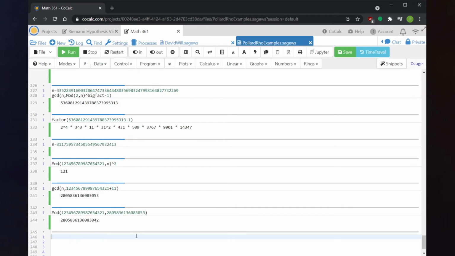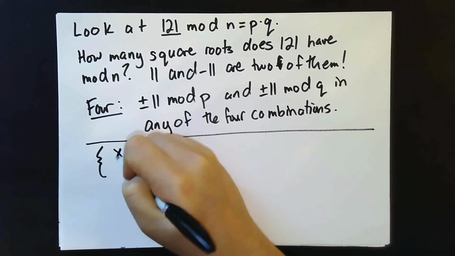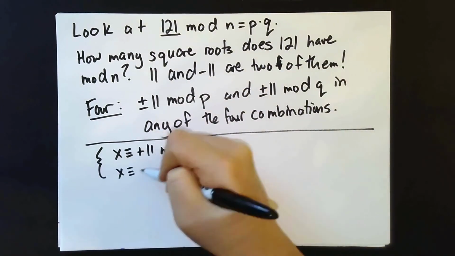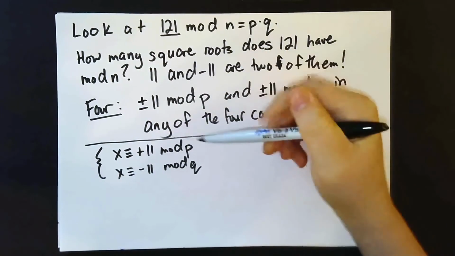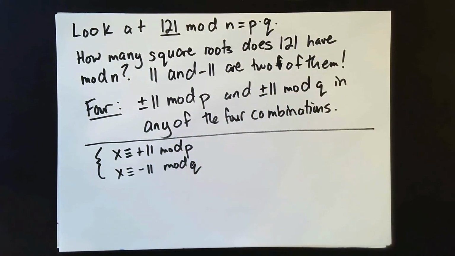And if instead we look at our x mod the other prime factor, then lo and behold, we get plus 11. So what happened before was that we had an x that was plus 11 mod p and minus 11 mod q. I'm just here thinking of p as the smaller prime factor and q as the larger one.